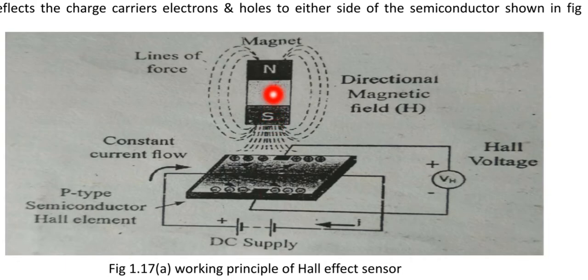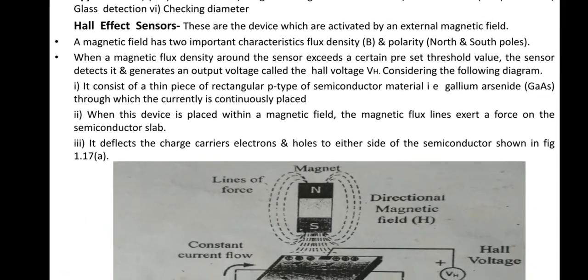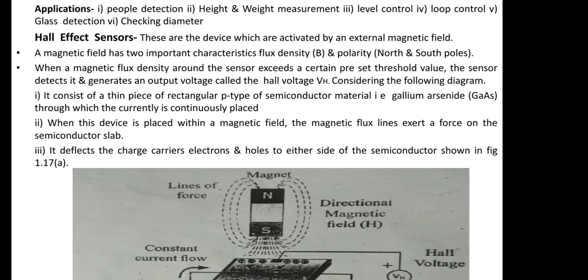So how does it work? It consists of a piece of rectangular P type semiconducting material, that is gallium arsenide, through which the current is continuously passed. When the device is placed within the magnetic field, what happens? The magnetic flux lines exert a force on the semiconductor slab.